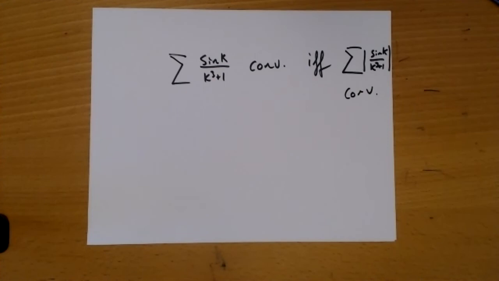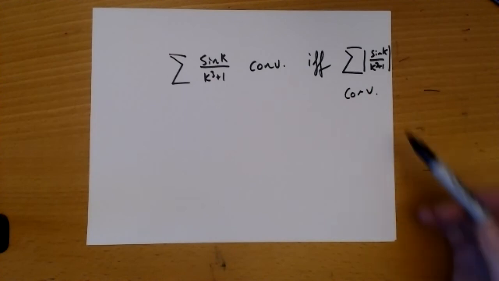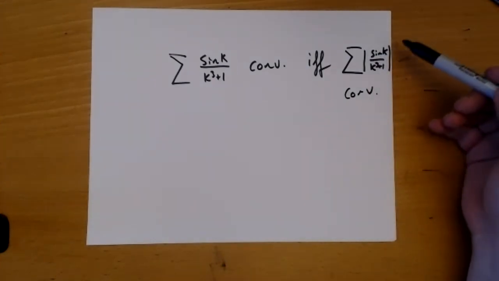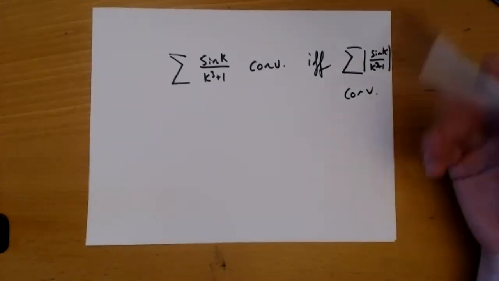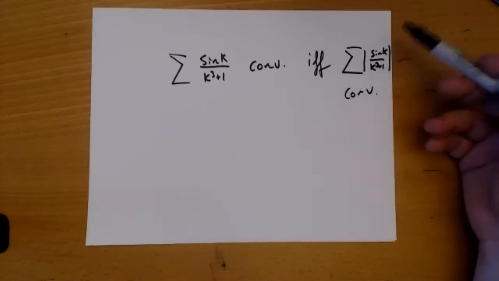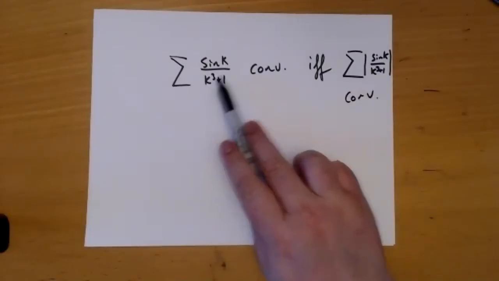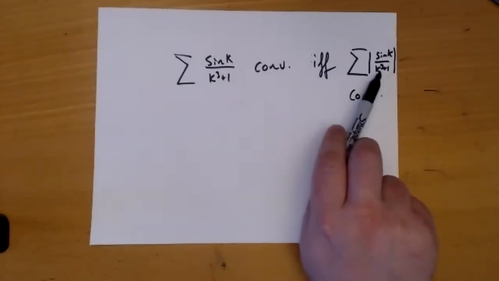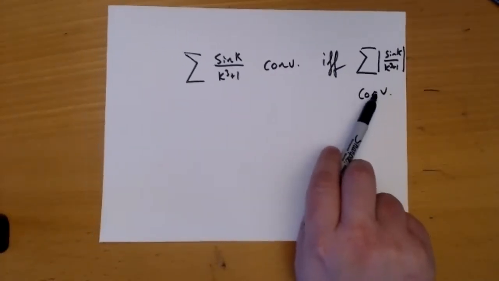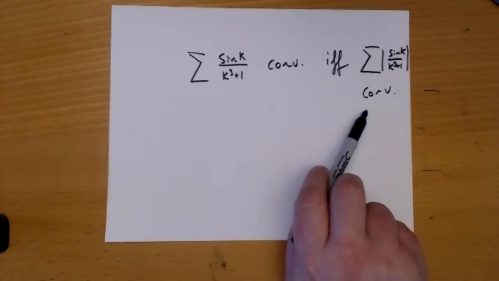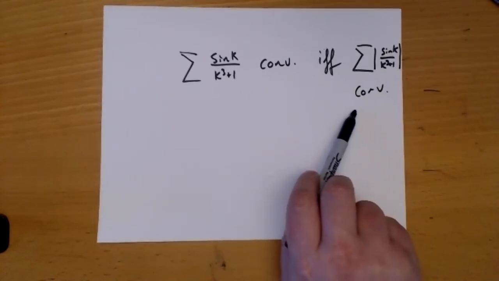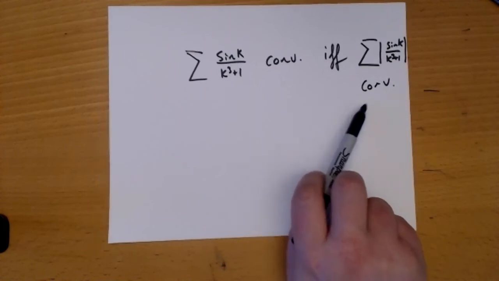So by putting the absolute value on there, you're basically killing off the sign, because now the sine is only going between 0 and 1, right? So this guy, and this, so does this converge? Right, this converges.